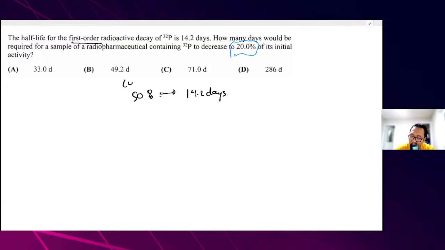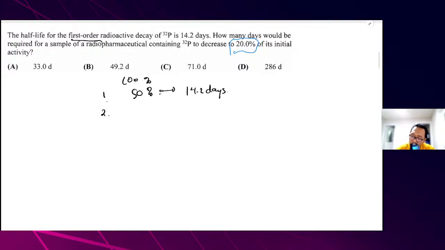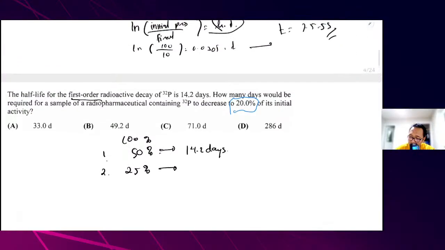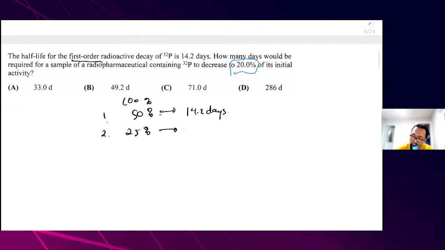From 100%, for the two half-lives, it is 25%, and adding them it becomes 28.4 days.